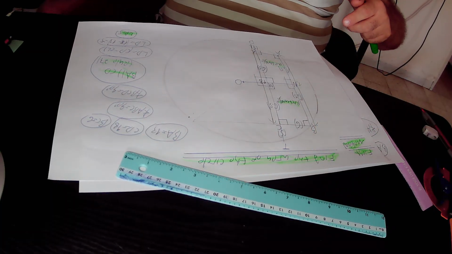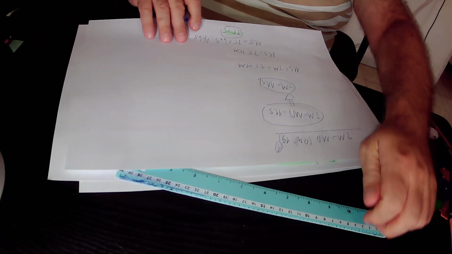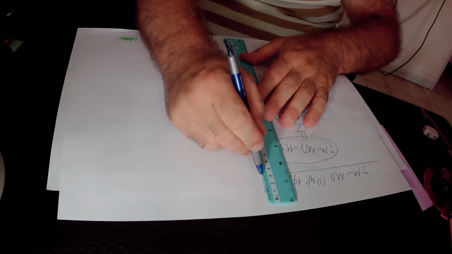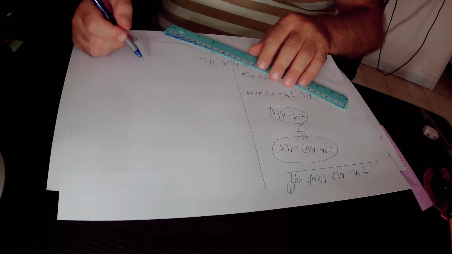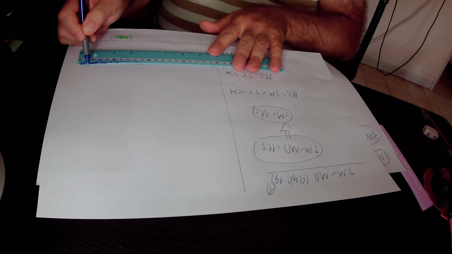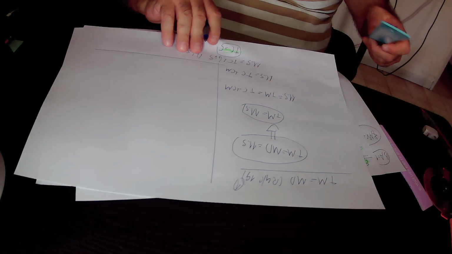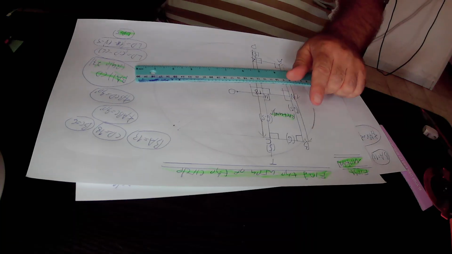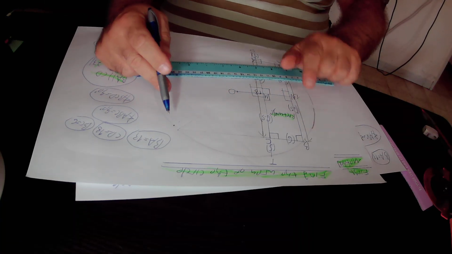In the next step, we'll extend line segment BC by a straight line until it touches the circle.